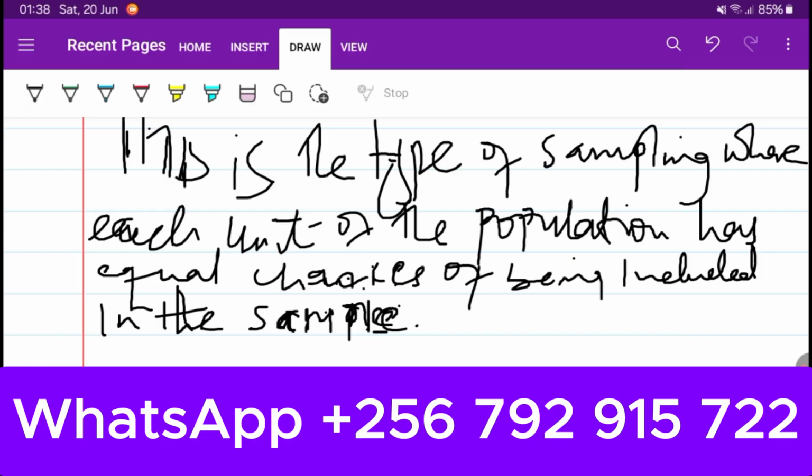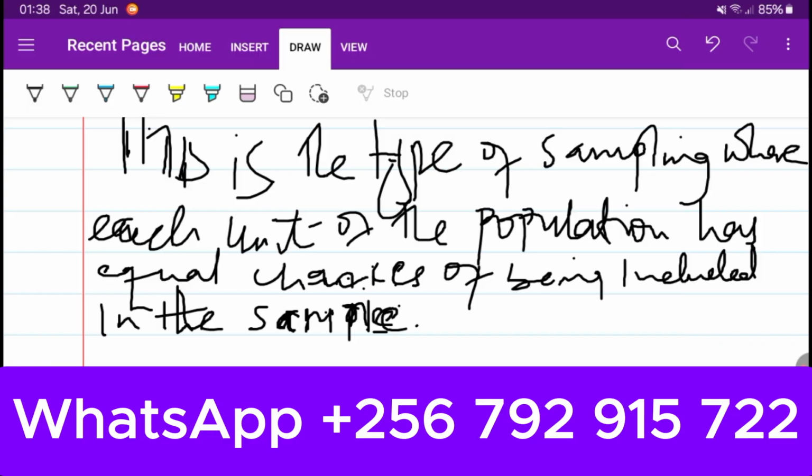Now, we know that there are only two categories of sampling: the random sampling, or probability sampling methods or techniques, and the non-probability ones. Within the probabilistic sampling techniques, we have very many types that we are going to look at.